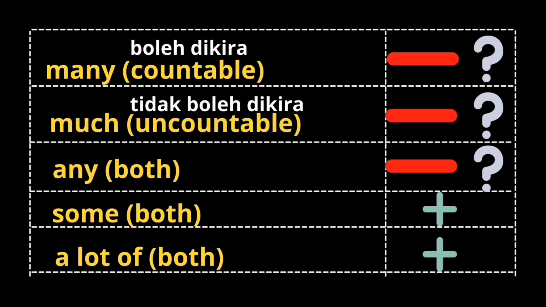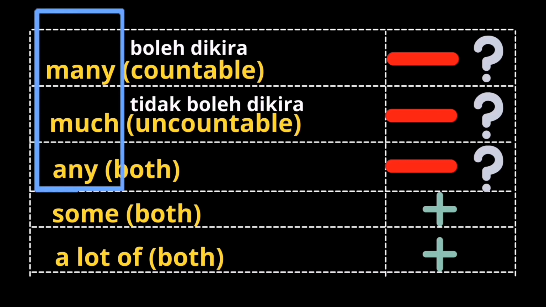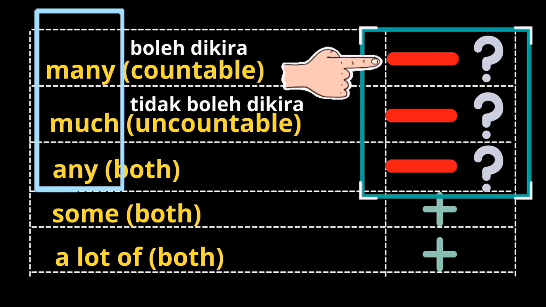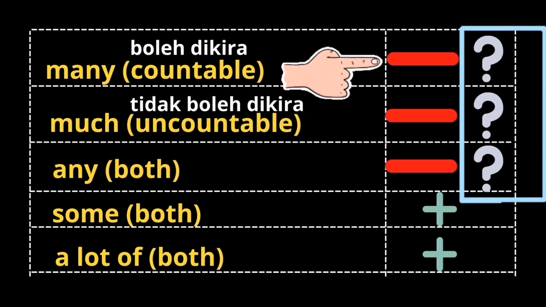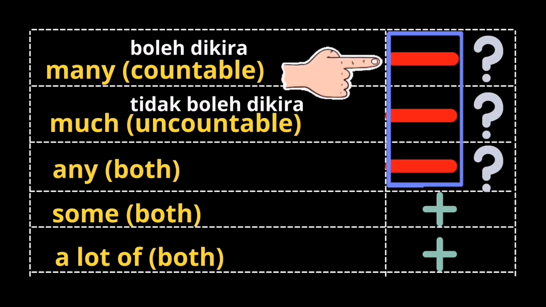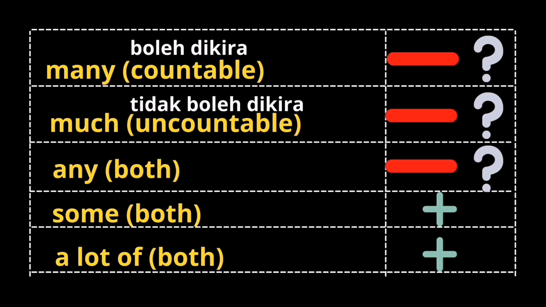Next, let's look on how the quantifiers are normally used in sentences. For many, much, and any, they are usually used in negative sentences and questions. Kebiasaannya, many, much, and any kita guna dalam bentuk soalan ataupun ayat-ayat negatif, seperti contoh yang telah ditunjukkan sebelum ini.